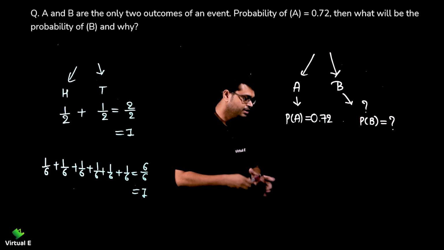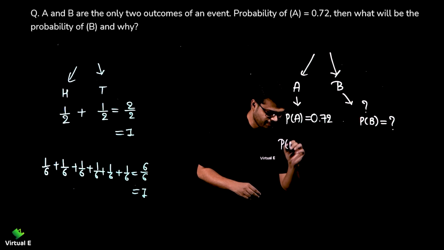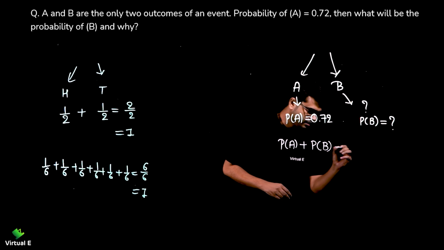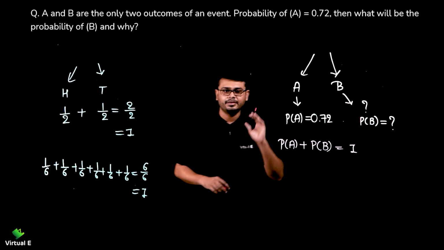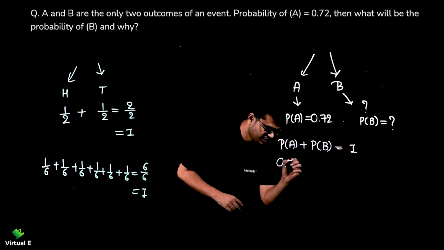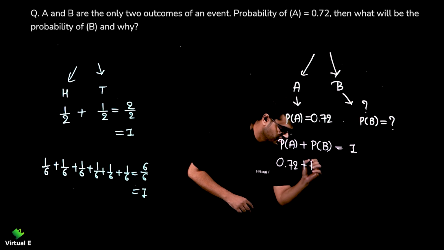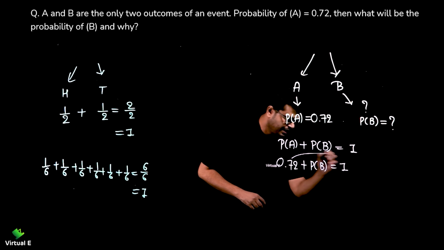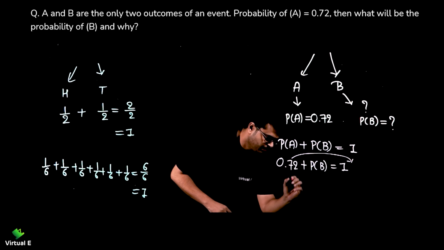So let's start. I can write here that probability of A plus probability of B will be what? 1. Now we have the value of probability of A, that is 0.72, plus probability of B is equal to 1. Let's shift this number over here. It will be negative.